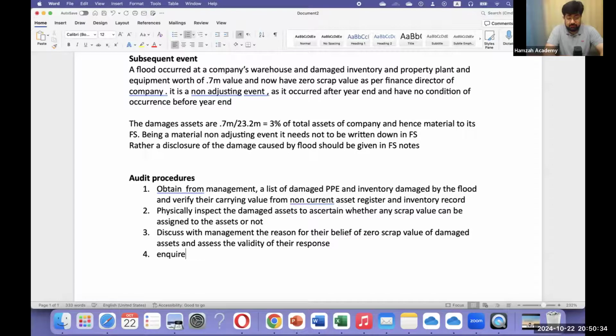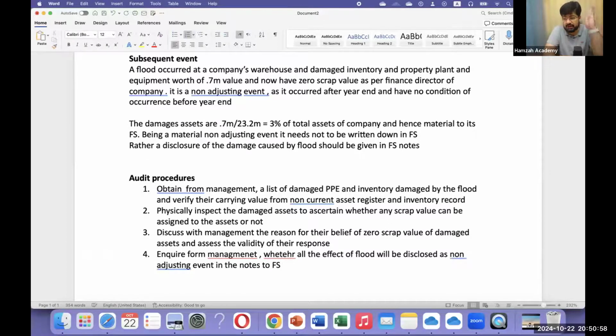Inquire from management whether all the effect of the flood will be disclosed as a non-adjusting event in the note to financial statements. In exam, you will write only three.